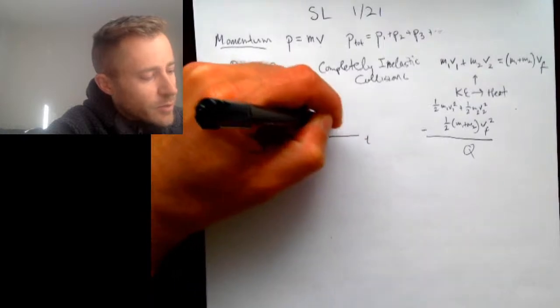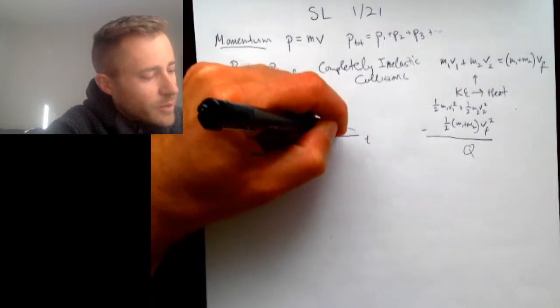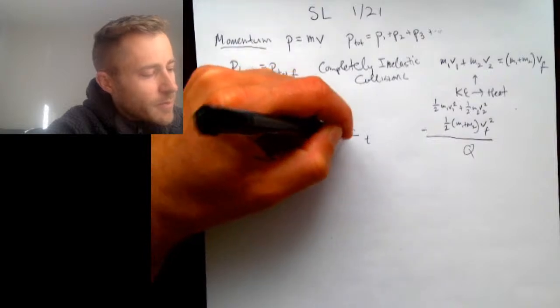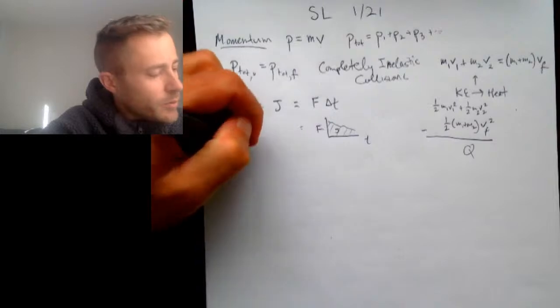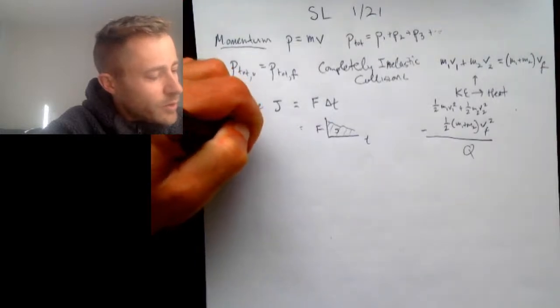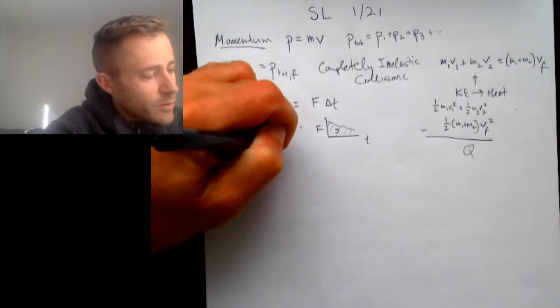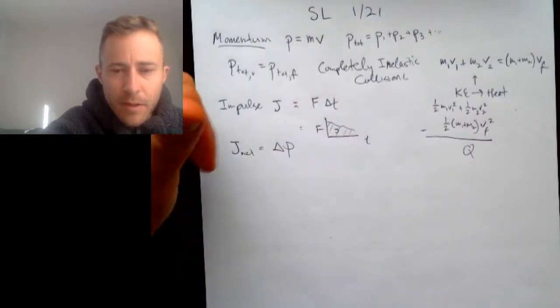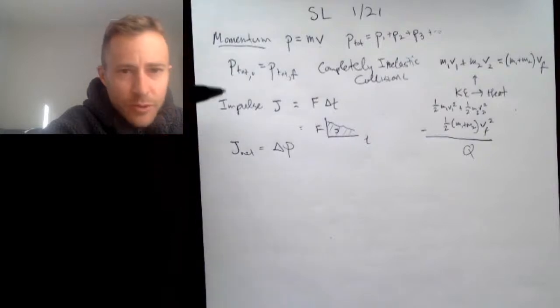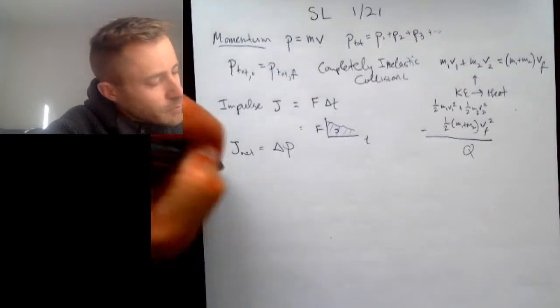So it just kind of depends on what information is given. And the impulse is important because the impulse due to the net force is equal to the change in momentum. Okay, so that was momentum.